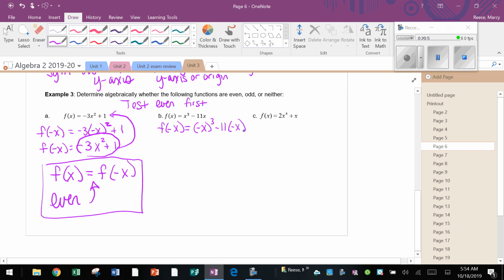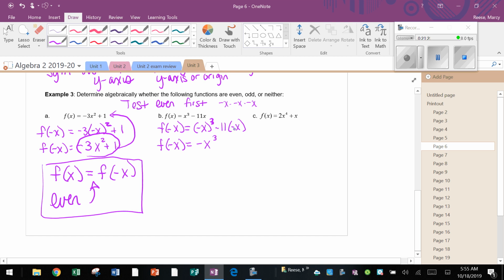And remember, if it is an even exponent, then it would pop out to be a positive x value, but this is an odd one, which means it's negative x times negative x times negative x. And a negative times a negative is a positive, times another negative. That pops out as a negative x cubed.